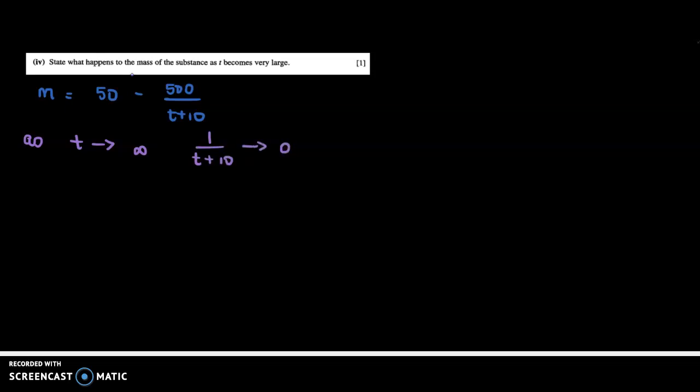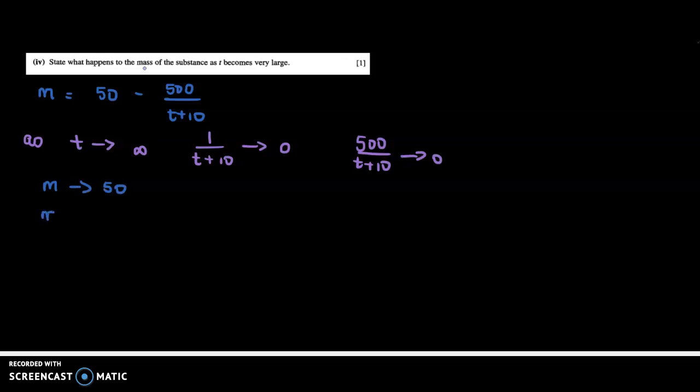As t gets large, 1 over a very large number becomes a very small number. So since 1 over t plus 10 tends to 0, 500 over t plus 10 will also tend to 0. And then m will tend to 50.